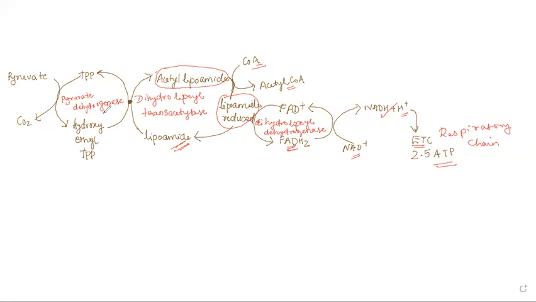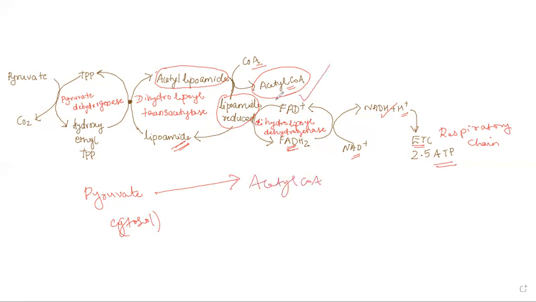So these are the sequence of steps happening in the PDH complex, resulting in the formation of acetyl CoA. The pyruvate, which is produced in glycolysis in the cytosol of the cell, is oxidatively decarboxylated to acetyl CoA.